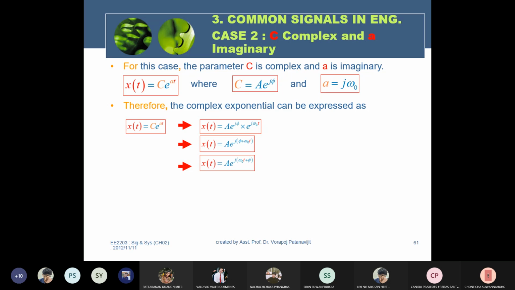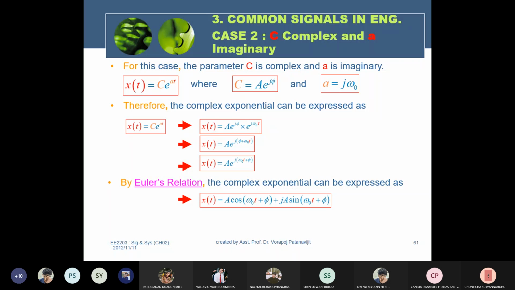e^(j theta) equals cos theta plus j sin theta. It is already in the book if you have it. By Euler's relation, the complex exponential can be expressed this way.